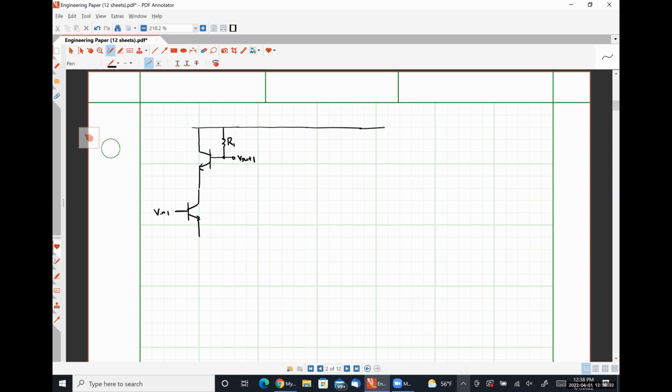I'm going to make this crazy wide so I have enough space. Oh, and I need to call this over here VN2, and this is VCC or VDD. I don't particularly care, and it doesn't particularly matter.